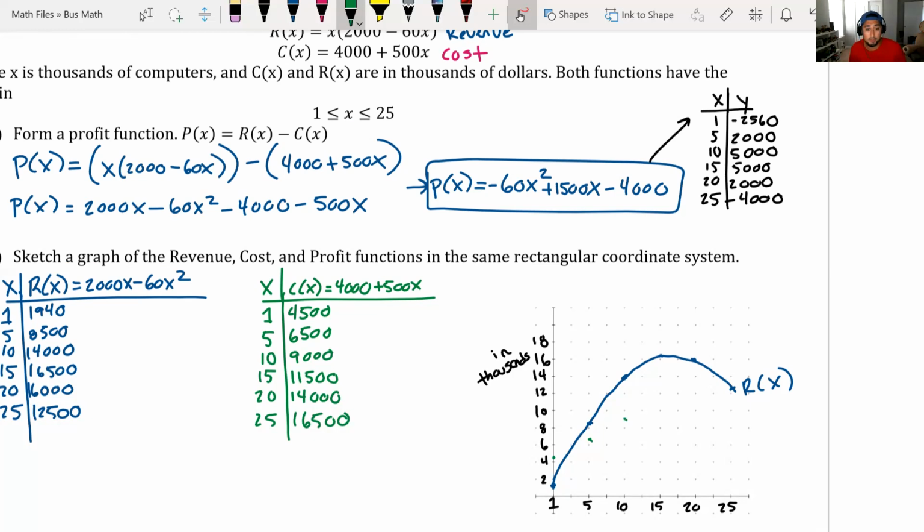In the middle there. 15 and 11,500. Somewhere there. 20 and 14,000 exactly. Right there. And 25 and 16,500. Probably right there. Okay. Now here is cost.